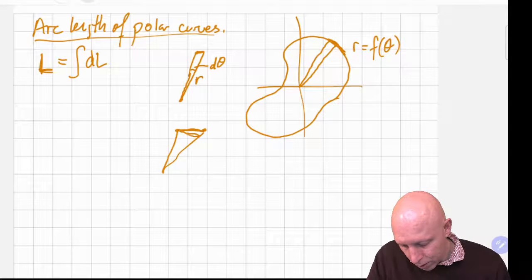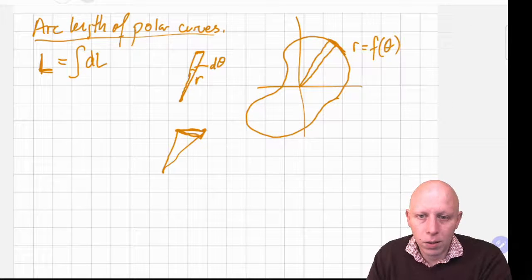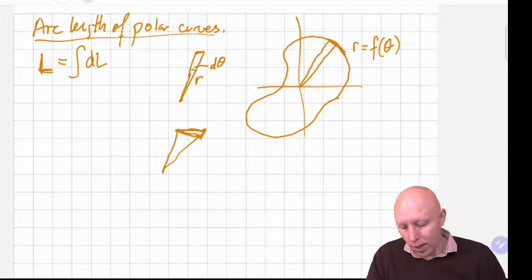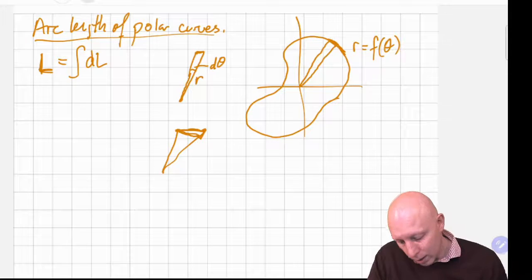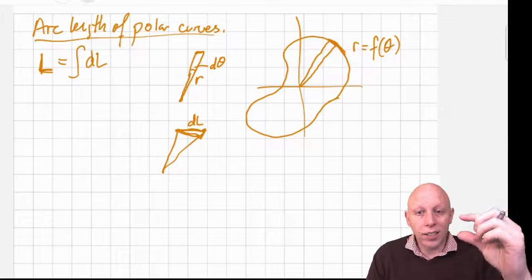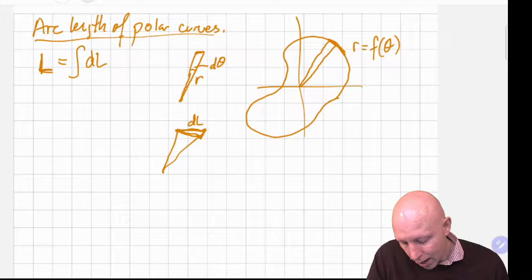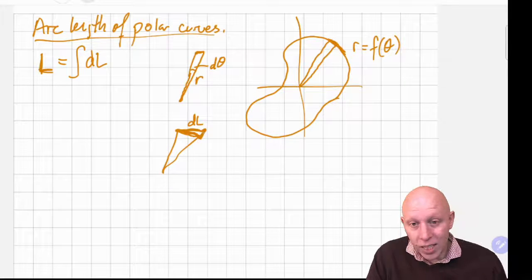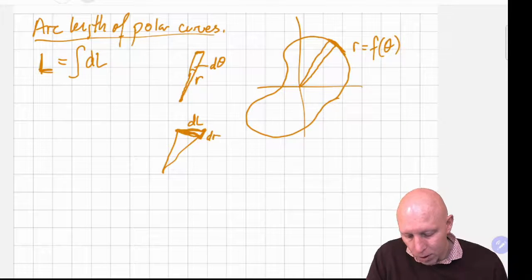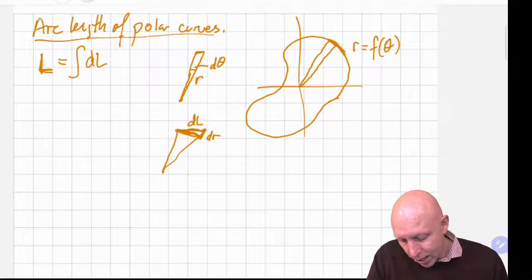To do that, we'll use again the Pythagorean theorem, and we'll ask, if we're looking for dl, how much is there on each side of dl? How much has the radius changed? Well, there's some little dr that the radius has changed. And d theta is not the same as this distance.